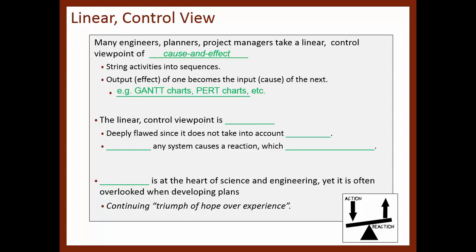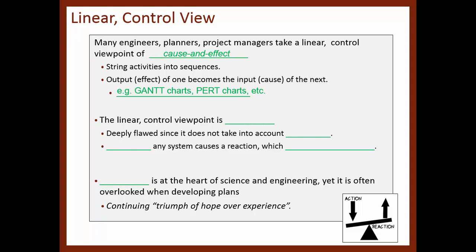For example, if you are familiar with this type of chart, the Gantt charts and the PERT charts, those are linear type of diagrams in which you see the connection from the beginning to the end, but there's no connection among that first event and maybe some of the last events.